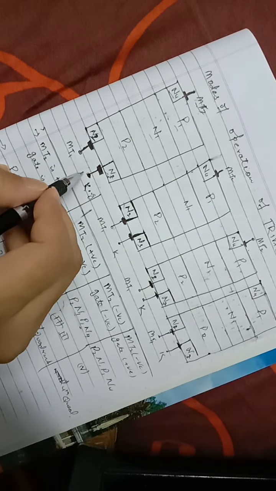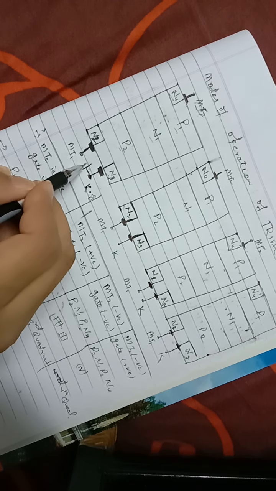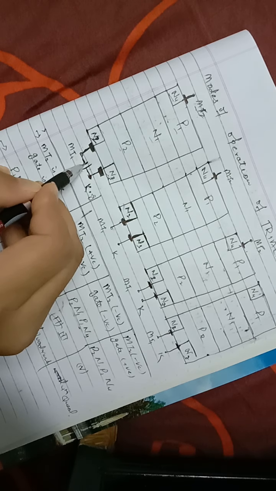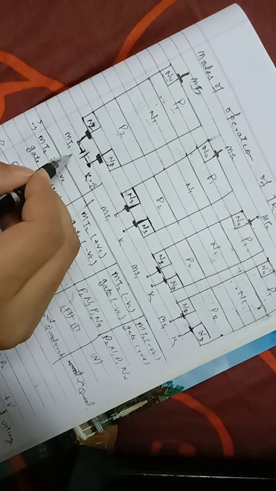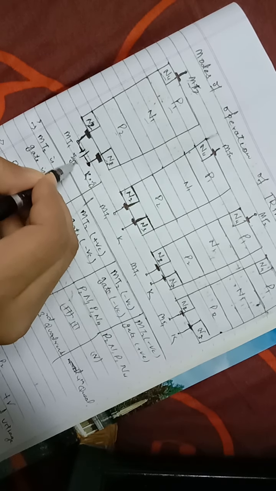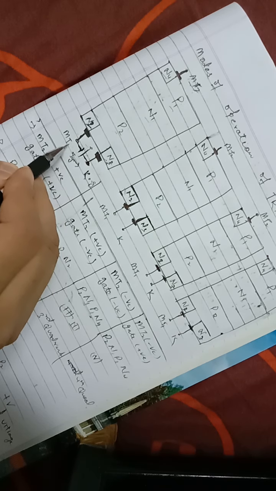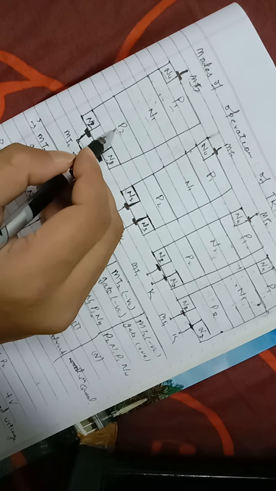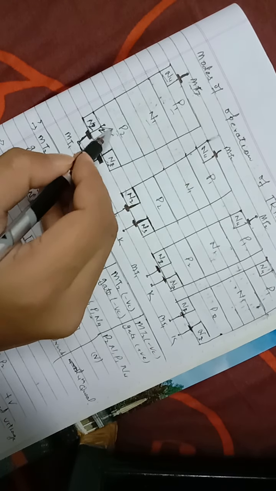Gate is positive, so we connect a battery here to make it positive, and MT1 is definitely negative, then only the circuit will work. The gate current IG will flow from negative to positive, and the charge carriers will be injected from P2 to N2.